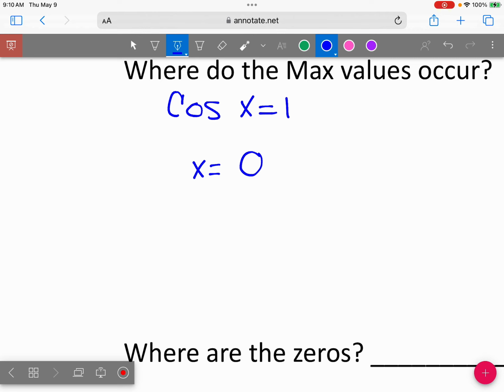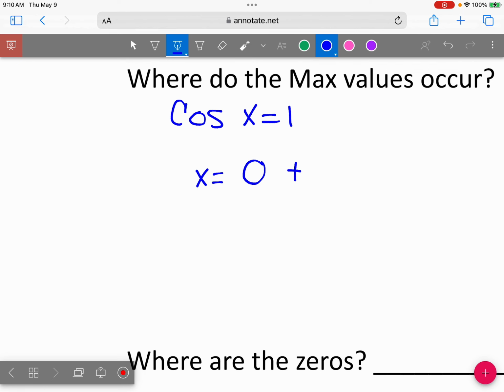So we're doing this old school style, so we're doing it like for the full forever. So it's going to be 0 plus 2 pi times some natural number. But we don't really care about x. I want to know when 2 theta equals 0 plus 2 pi n.